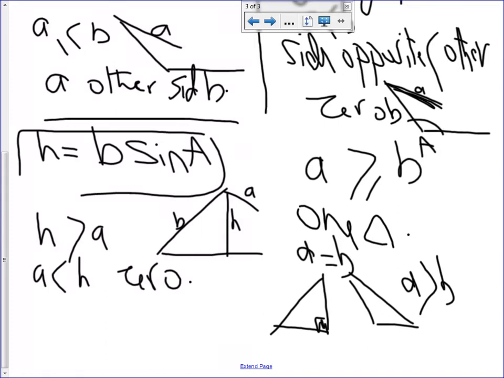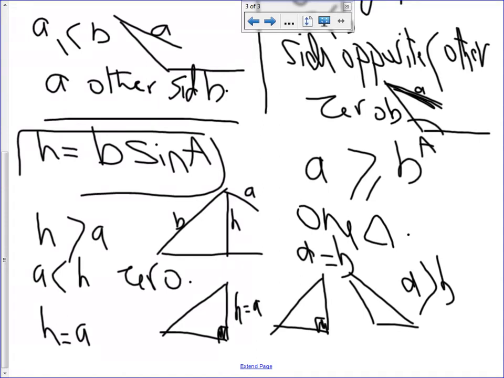Now, if I have the height equal to a, I have only one triangle, and it is a right angle triangle. If the height is equal to a, this triangle is the only one, and it is right.